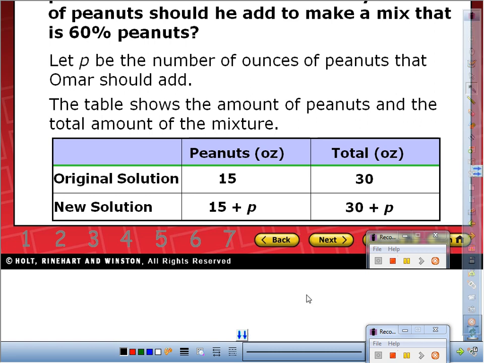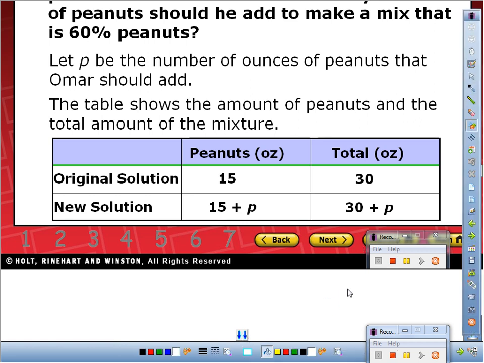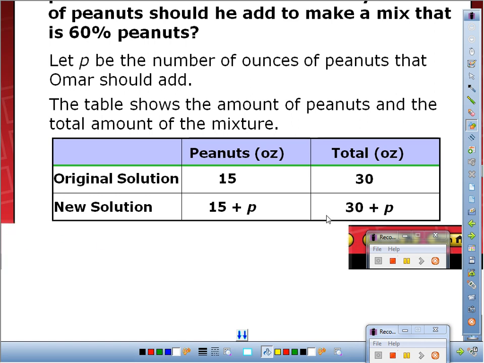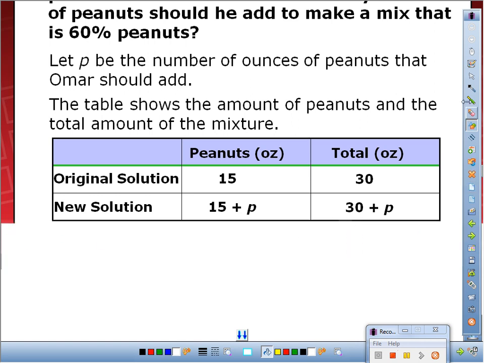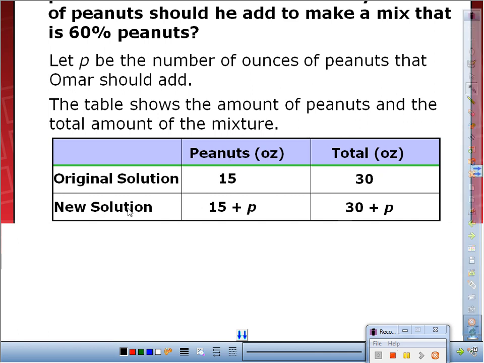So, by looking at this, our original was 30 ounces, therefore half of it is peanuts, so that's 15. Our new mix should have 15 plus P and 30 plus P, is that correct? Yes. Then from there, we write our equation, 15 plus P over 30 plus P equals 60%.